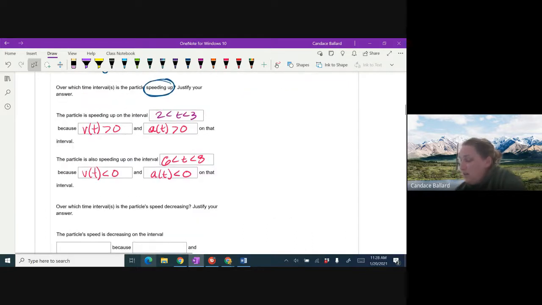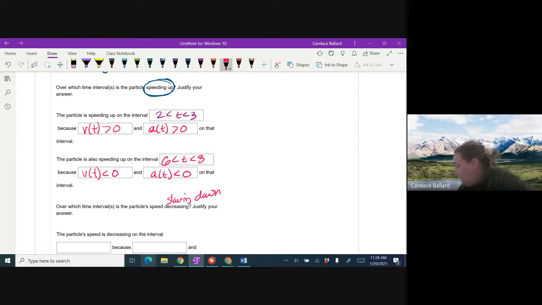So this is the same as saying slowing down. So that means if we are slowing down or our speed is decreasing, what do we know about the signs of acceleration and velocity? Tell me in the chat, what do we know about the signs of acceleration and velocity when we are slowing down or the speed is decreasing?